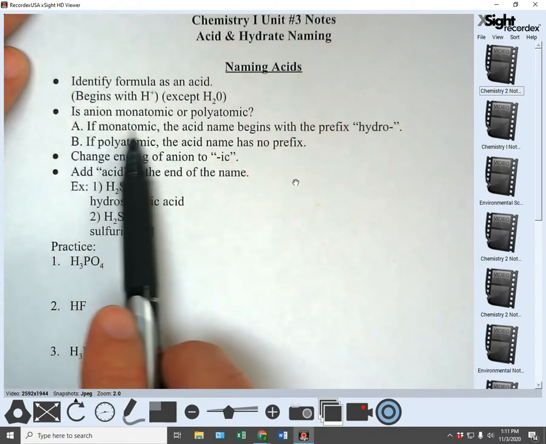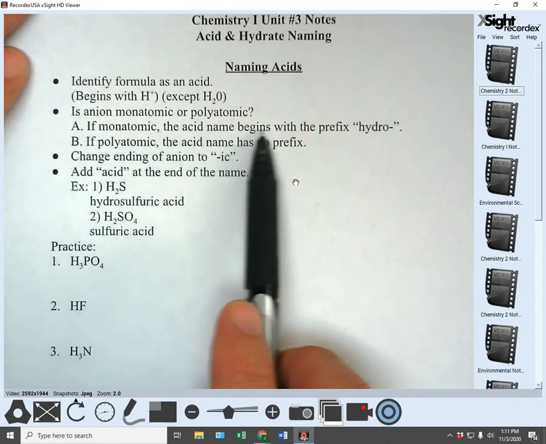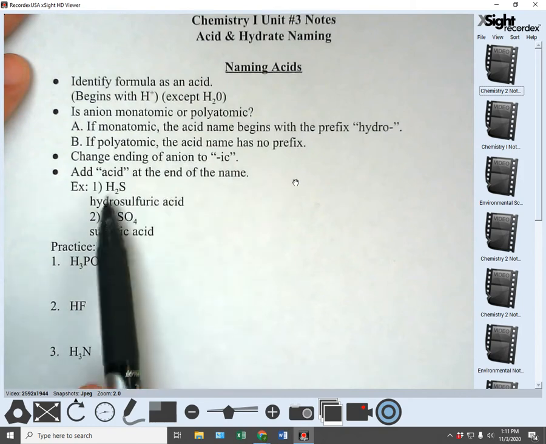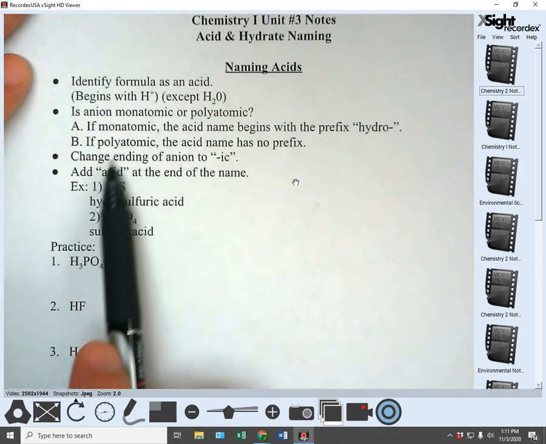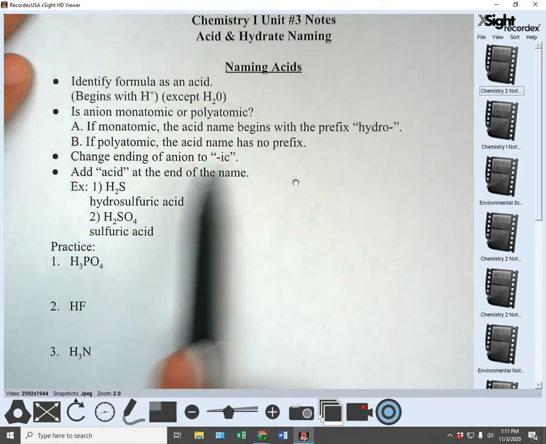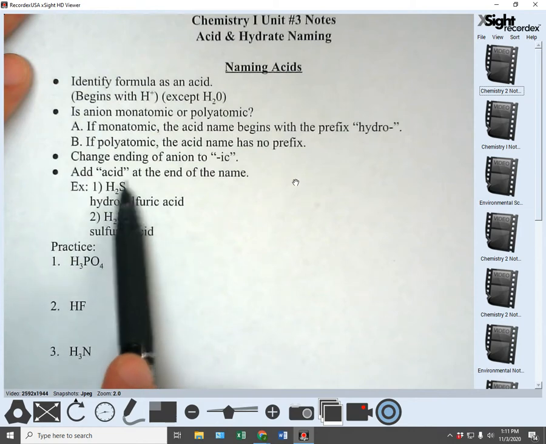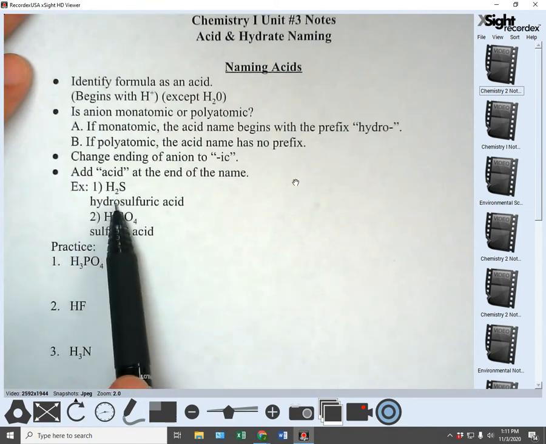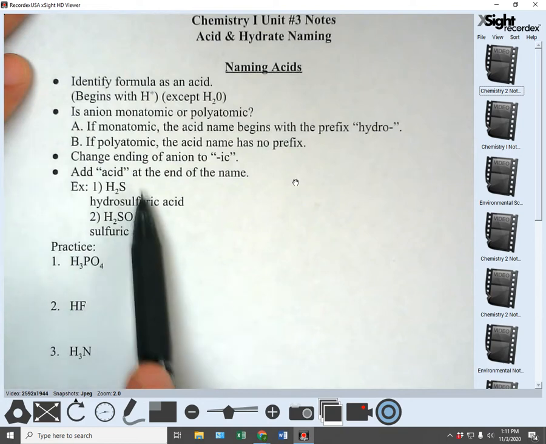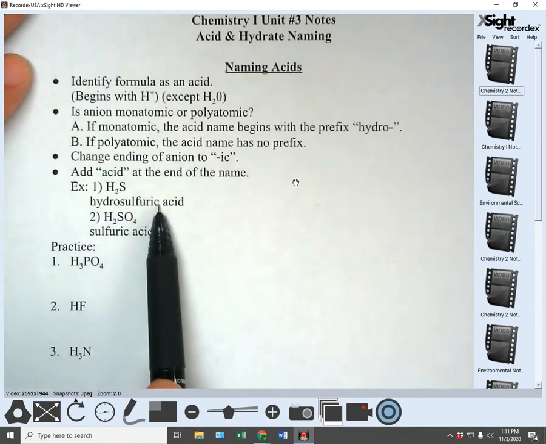If it's monatomic, the acid name begins with the prefix hydro. So we start with hydro, then change the ending of the anion to "ic." The anion is sulfur, so hydro, sulfur, and then "ic": hydrosulfuric acid.